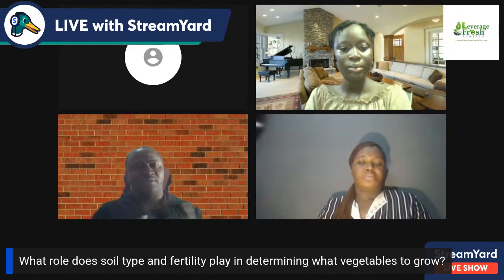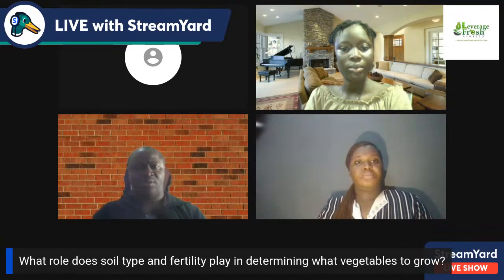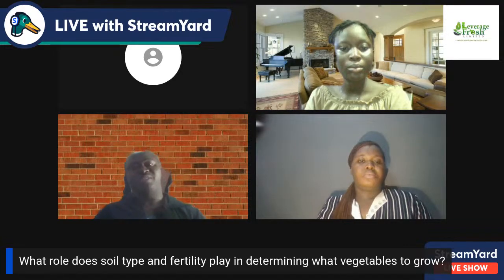Now, of course, if the soil is also well drained, it means you don't have a waterlogging condition, because again, when you have too much moisture in that rhizosphere, or if you like the root zone, then you have less air, and again, this of course will suffocate your plant. So all of these, the texture, the type of the soil, play an important role in the success you are after.